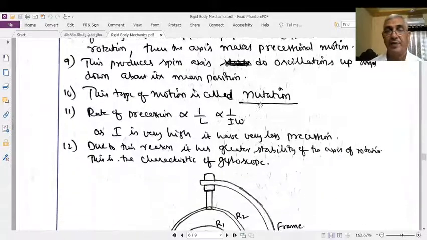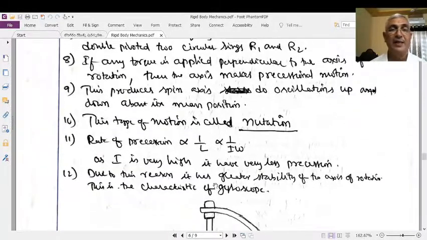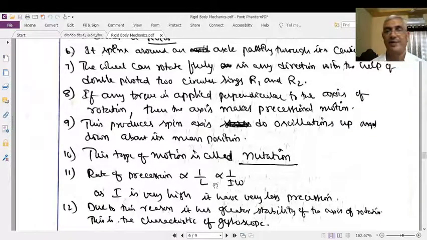It means that the wheel with the axle can rotate in any direction. That direction will be supported by the two rings R1 and R2, but R1 and R2 will adjust themselves depending upon the direction of rotation of the rotor. That is a very interesting thing.